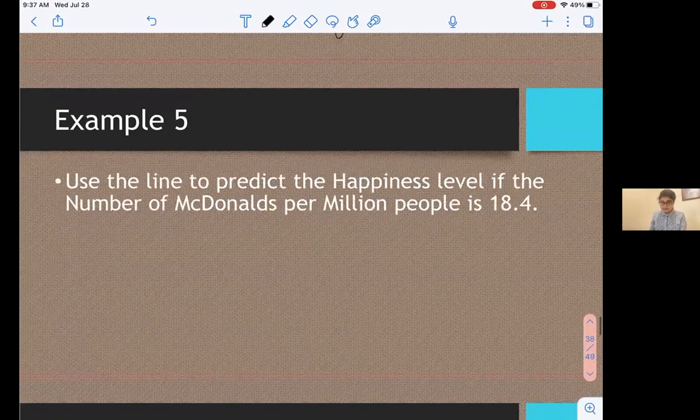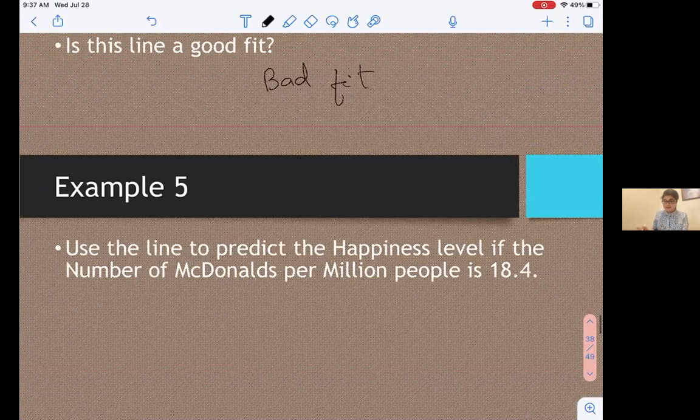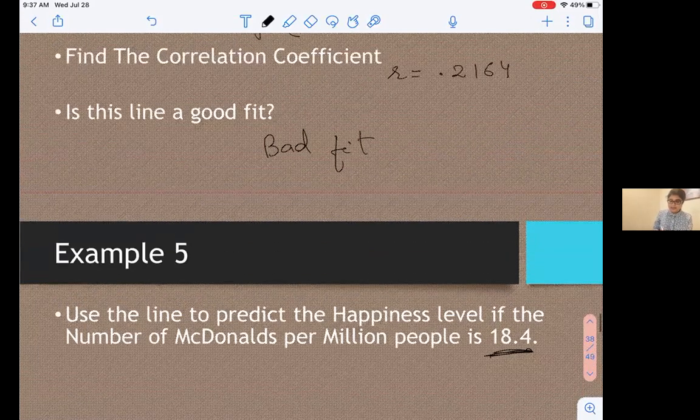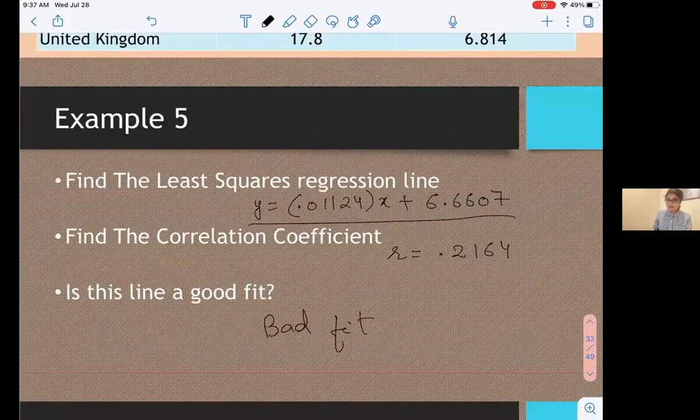Though it's a bad fit, we still want to predict the value of happiness level if the number of McDonald's per million people is 18.4. Even if it's a bad fit, I have a linear regression line for the given data.